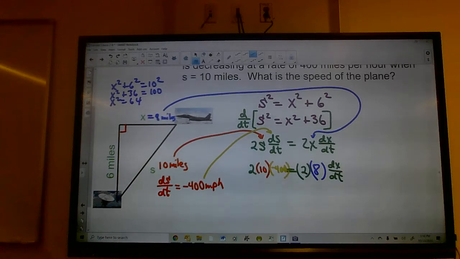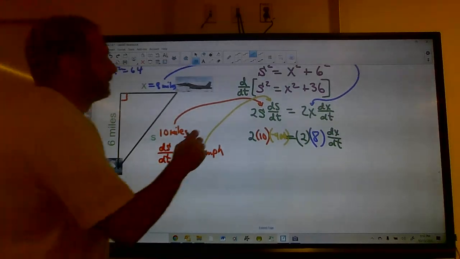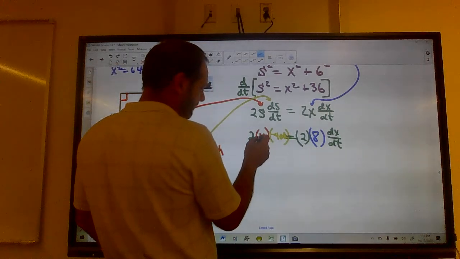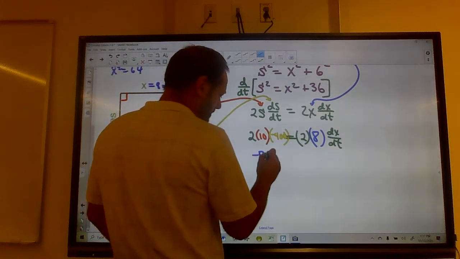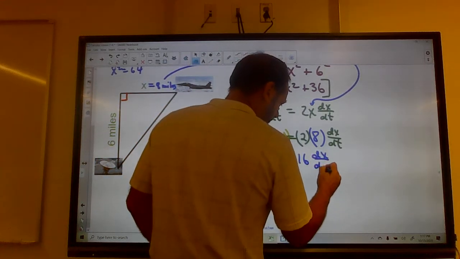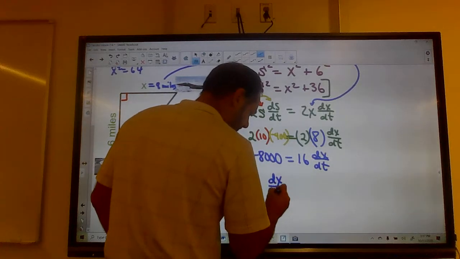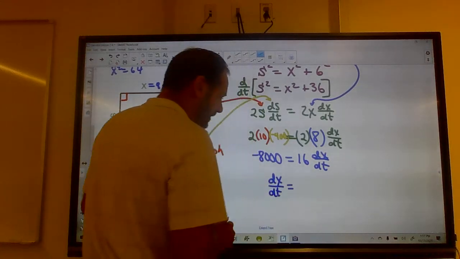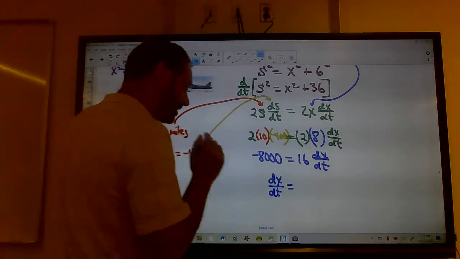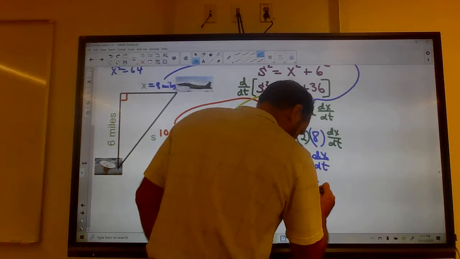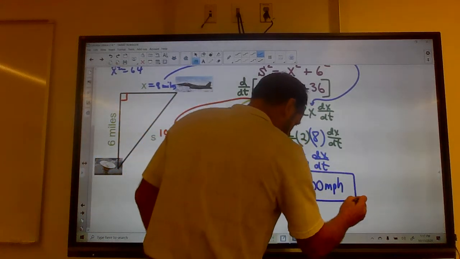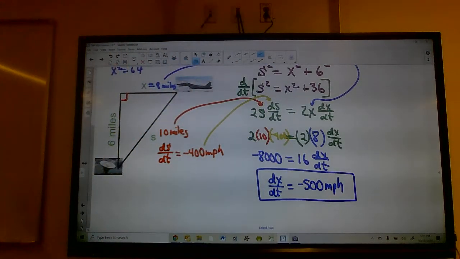Now we just have to solve it. So let's see, this is negative 400, negative 4,000, negative 8,000 equals 16 dx/dt. So dx/dt is negative 8,000 divided by 16, which is negative 500 miles per hour. That's the actual speed of the plane.